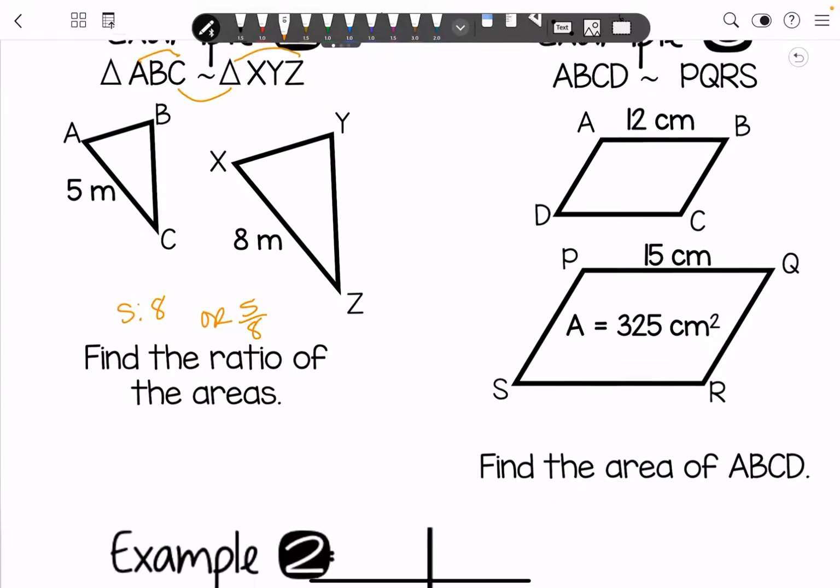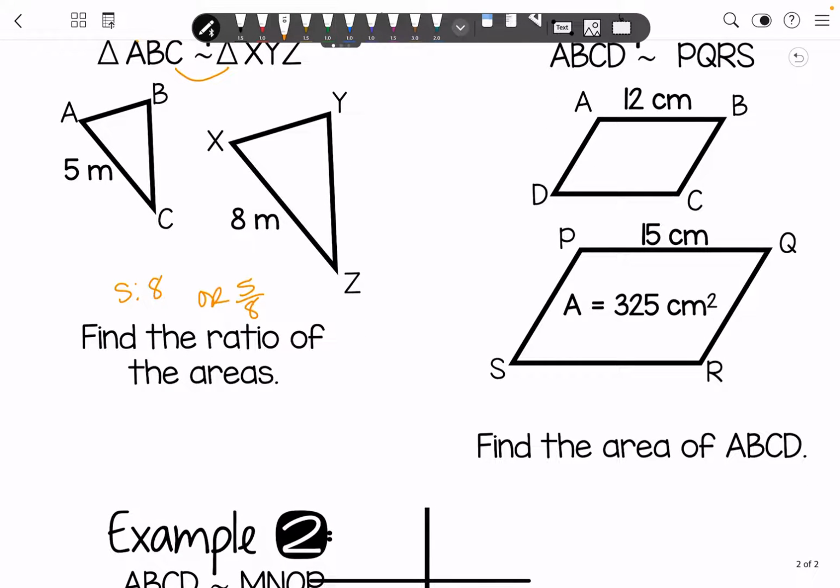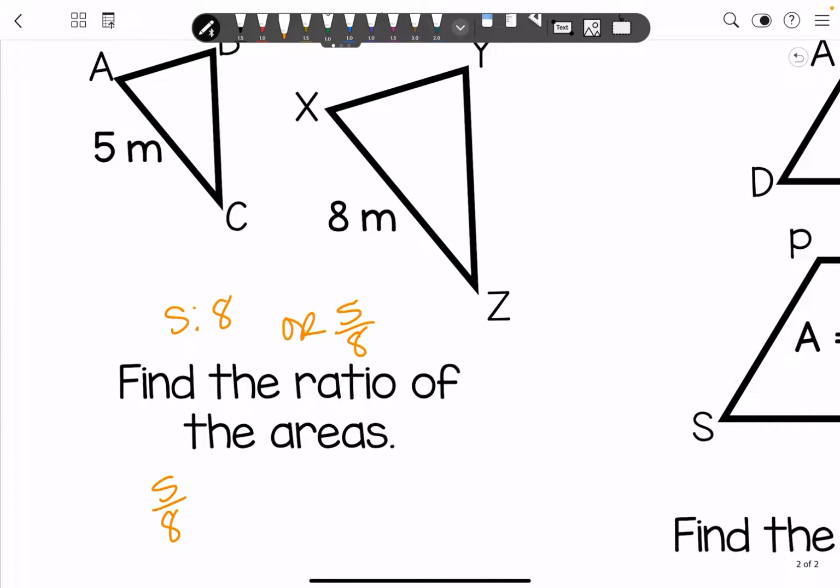But what we've been asked is to find the ratio of the areas. So it's going to be 5 over 8, but we're going to square each of these. 5 squared, of course, is 25, and then 8 squared is 64. And that is the ratio of my areas right there. Yes, it's really that easy.